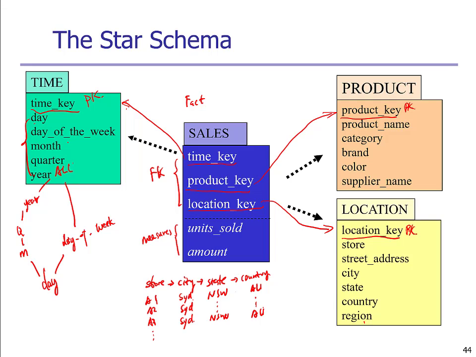Okay, so we can actually have another table, sorry, the other table should be city, state, and country, where city is the primary key, and we take city as the foreign key here, so we don't need to store the state and country redundantly.